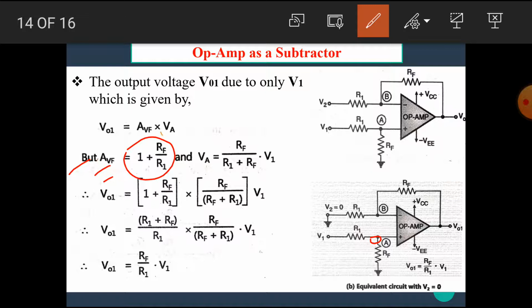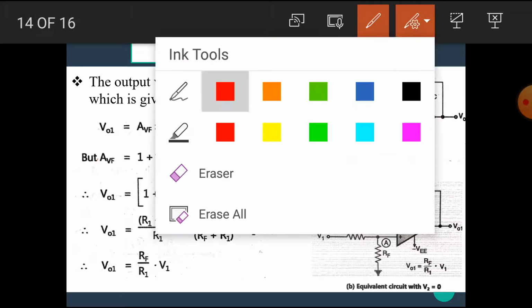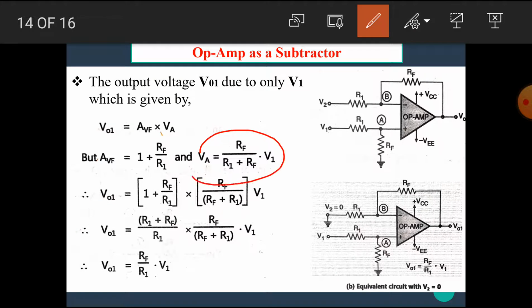This is the gain of the non-inverting amplifier, and the value of VA is given by the potential divider rule or voltage divider rule. The value of VA is RF upon R1 plus RF into V1. I hope you all understand how we write this value. This value is written due to the potential divider rule applied across here.